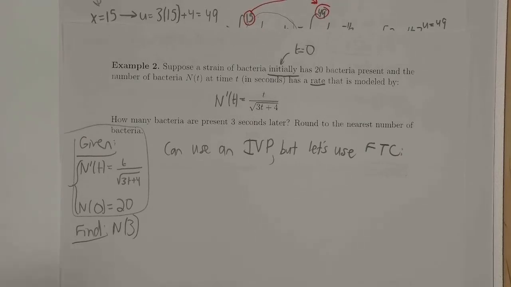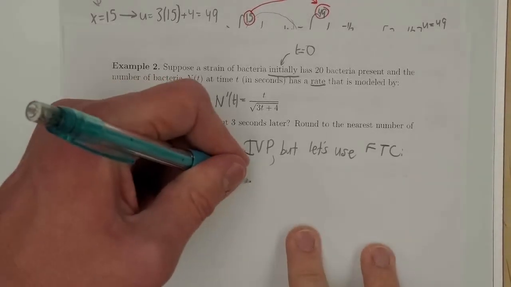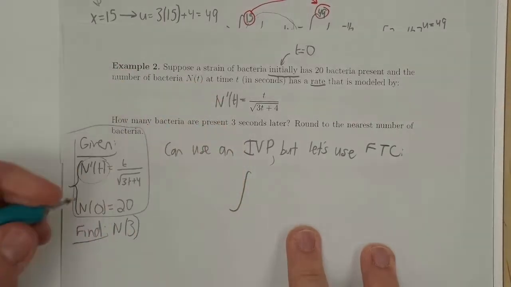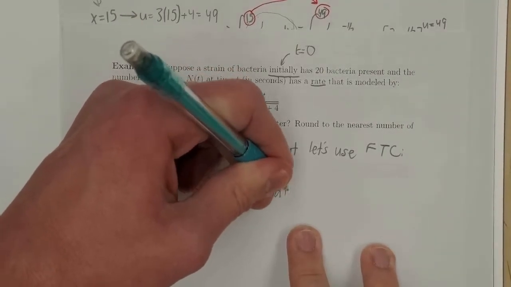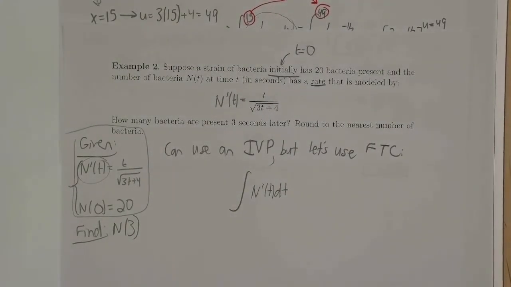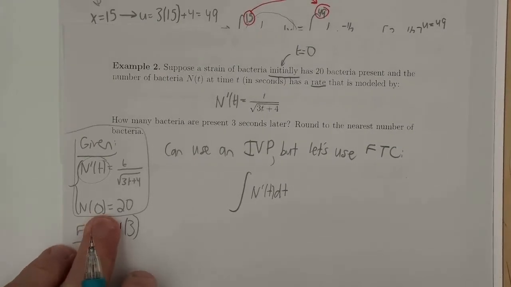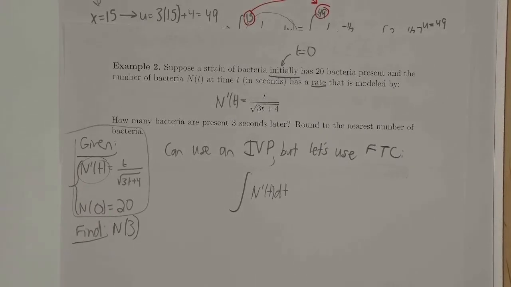So if you recall, we have a function, and we have two numerical values we need to work with. What I mean by the fundamental theorem of calculus is, we have N prime of t, which if you just integrate by itself and move on, then we'll get the general solution, at which point you can use the initial data point to get the particular solution.